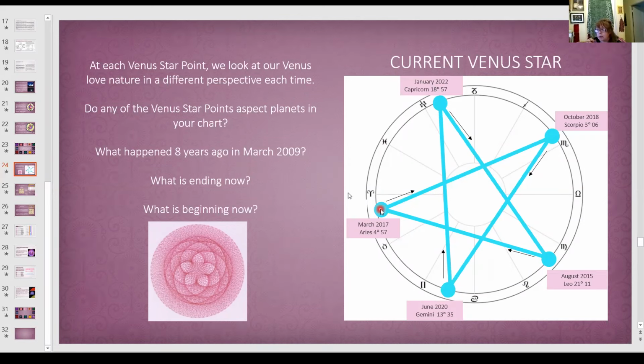But the next one in 2018, this one isn't exact, it's close to my midheaven. The next one is on my Saturn exactly. And the next one in 2020 is very close to my Mercury. And the last one is my node's descendant, all that stuff.